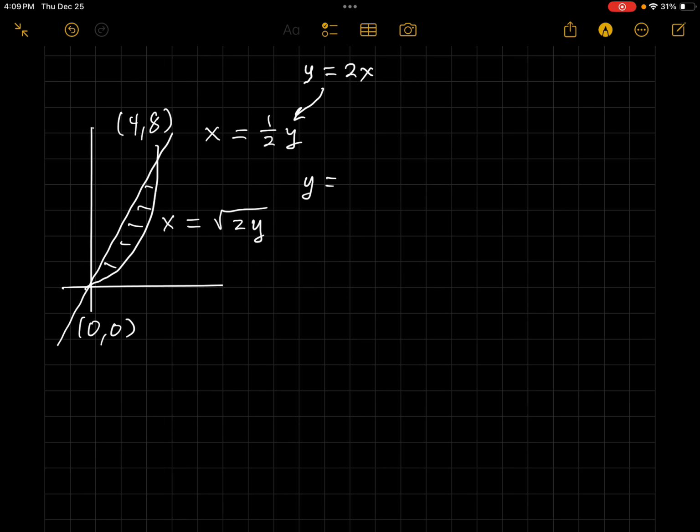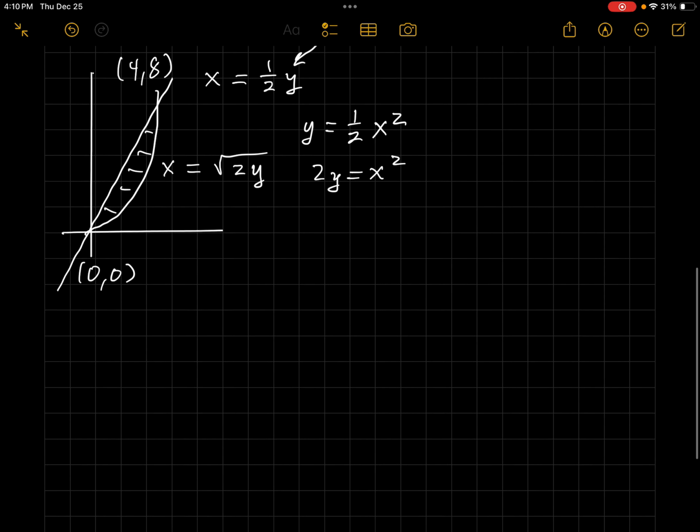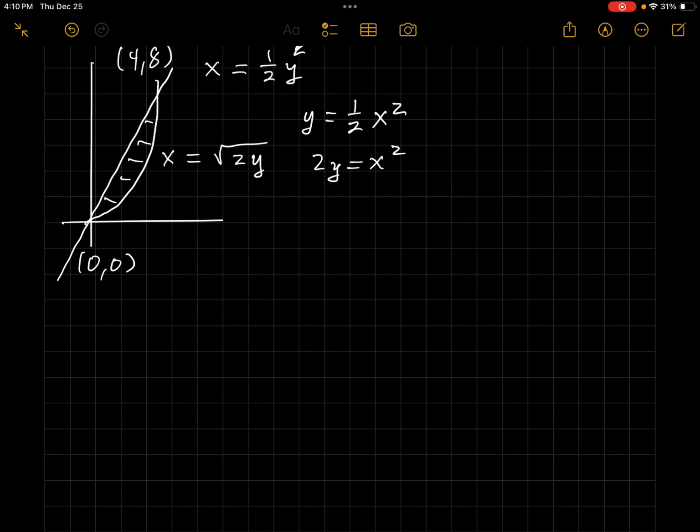And then if y is 1/2 x squared, I would multiply by 2. I would get x squared equals 2y. And then x is the square root of 2y. Once again, we're going to set up these volumes, but we're not going to solve out the integral.